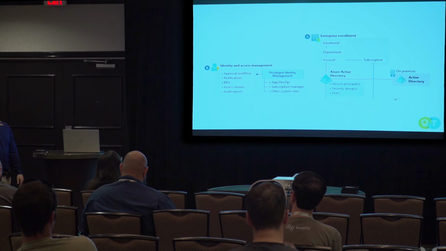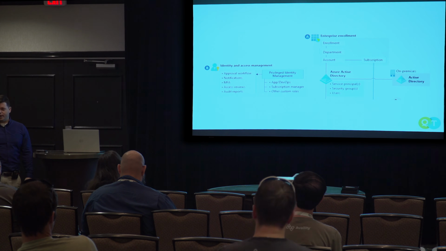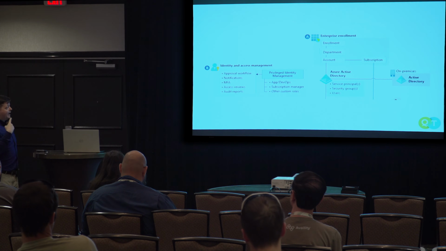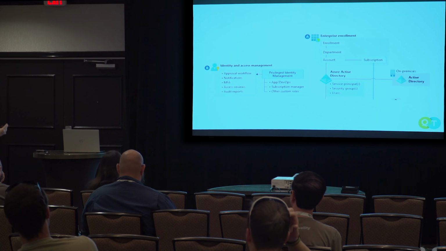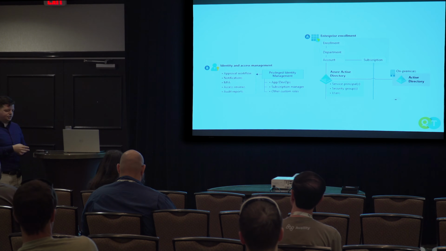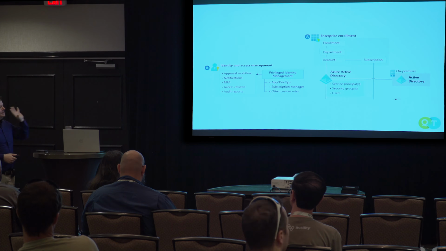So I say infrastructure, the identity and access management here, and this is what trips a lot of people up, is both, right? It can handle access to the portal or the CLI, or however you want to think of the Azure platform, and it can also manage how you access your actual applications. But really for this it's just the Azure Active Directory stuff, and this is how you get your approval workflows, your notifications, multi-factor authentication.